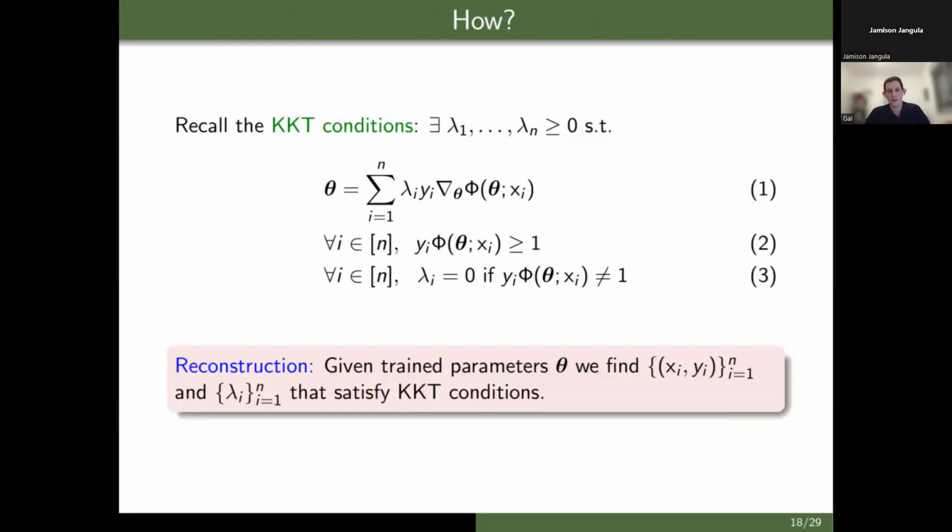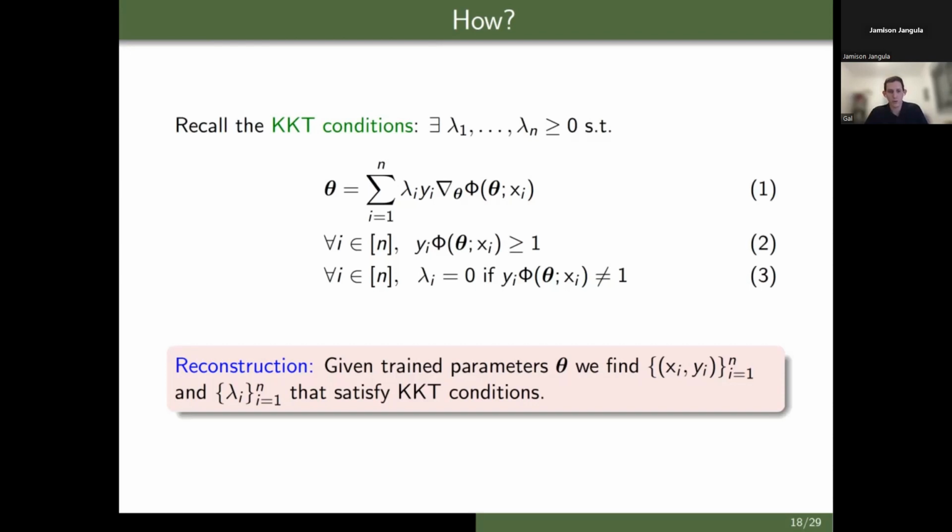Recall that the equations stated here are the KKT conditions of the max margin problem. And the implicit bias implies that given some training data set, gradient flow converges to some network, to some theta, that satisfies these equations.